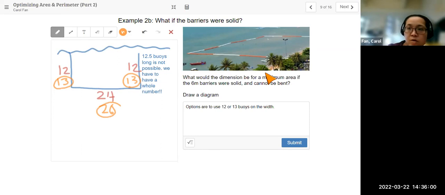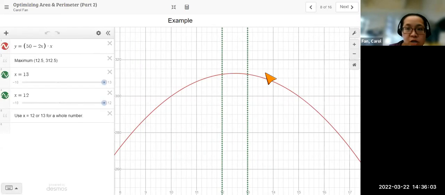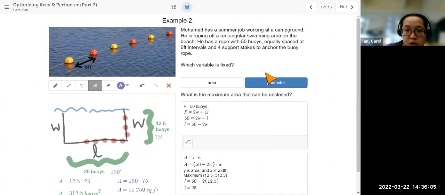Does that work? No, that doesn't work. Let's check our equation again. Our equation is 50 minus 2w.